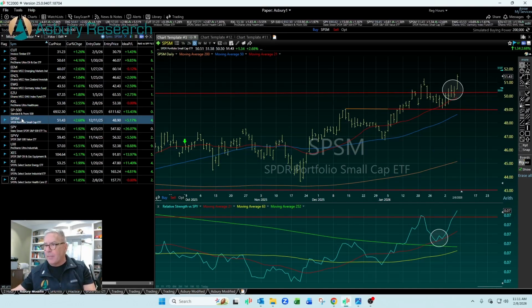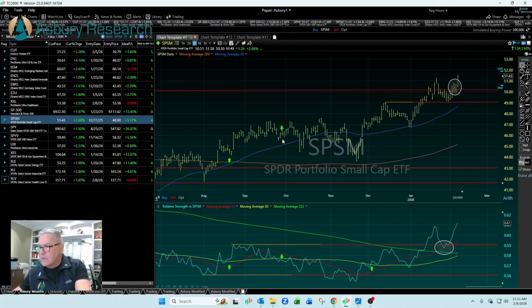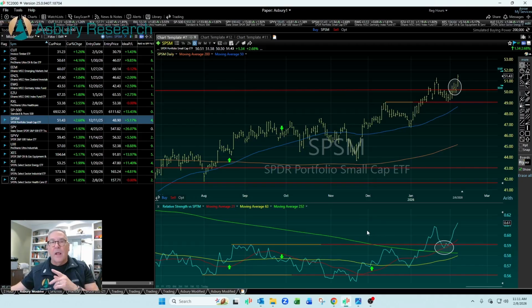This is small cap. We've been favoring small cap for some time. This comes from Keys to This Week. Up at the top of Keys to This Week, you'll see size and style. Size is small, medium, large, and style is growth or value.